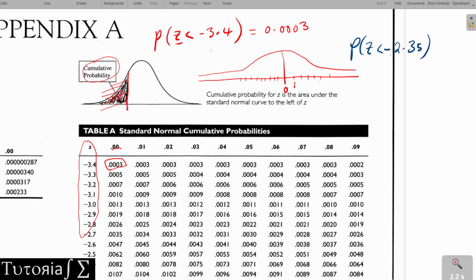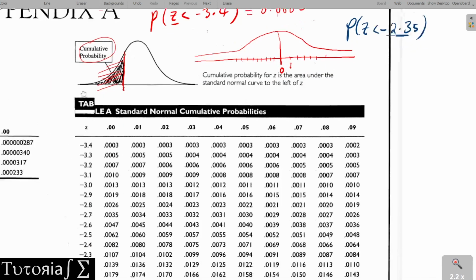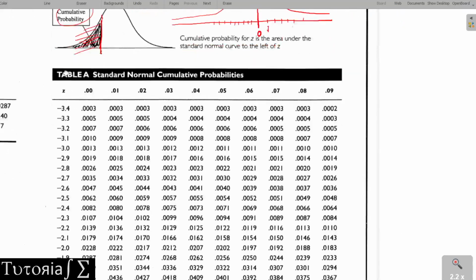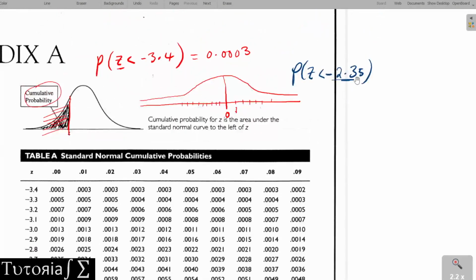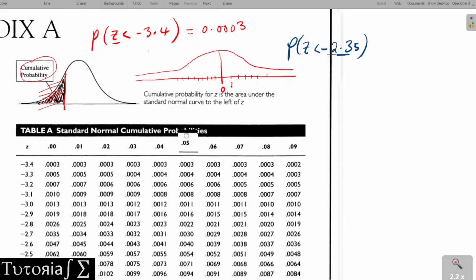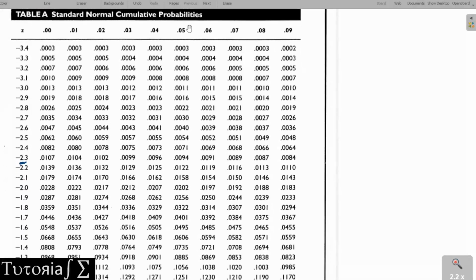So we look for -2.3 first of all on this column, on the negative parts. So where is -2.3? -2.3 is here. Then 5 is under here, so this is 0.05.